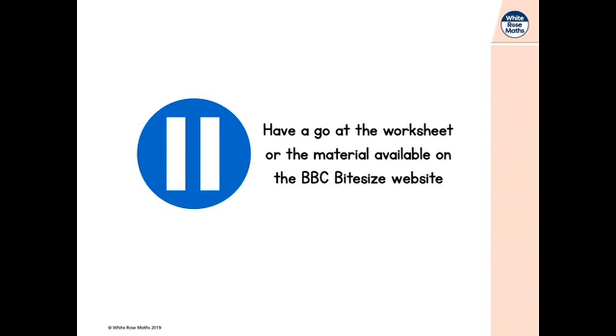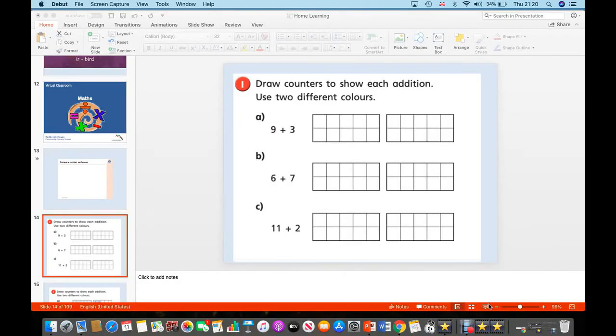Okay, we're at the end of this lesson on comparing number sentences. I want you to pause here and have a go at your worksheet. But remember, if you don't have a White Rose Maths worksheet, there's lots of material available on the BBC Bitesize website. Good luck! Okay, so now you've got your worksheet.